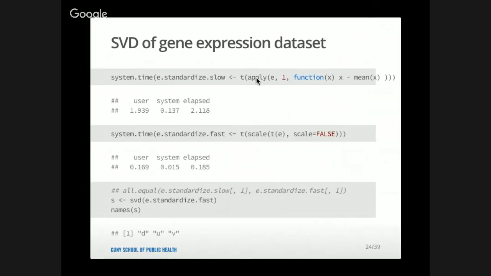What apply does is take a function and apply it to all of the rows or all of the columns of a matrix. So apply's first argument is our matrix. The 1 means to apply the function that I give it to every row. And the function will just be to subtract the mean. So for every row, I'm subtracting the mean, row by row. And then I have to transpose it to get it back in the same order that I had.